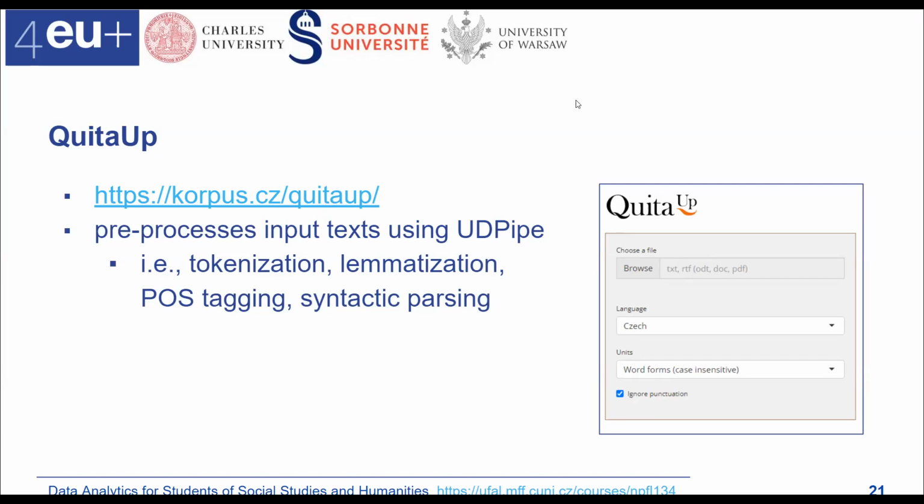And since the collection of texts annotated in the universal dependencies annotation guidelines is rather big, I think that the latest version definitely contains more than 150 collections in many languages. So using Quitup, you can analyze, I am not saying documents in any language, but the language option is rather big.